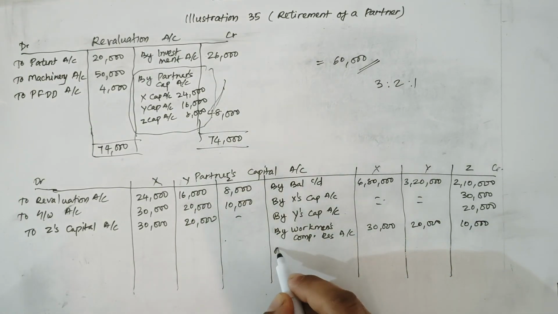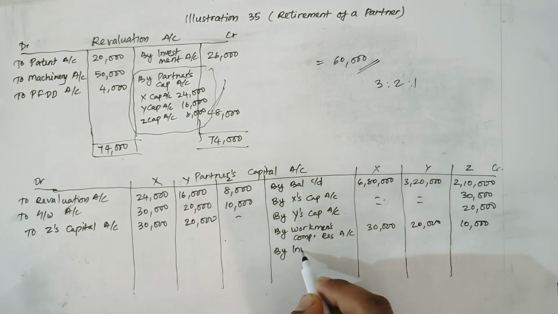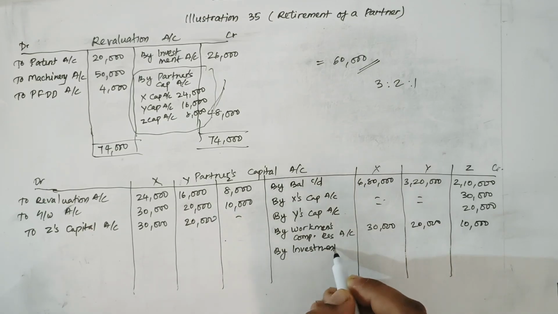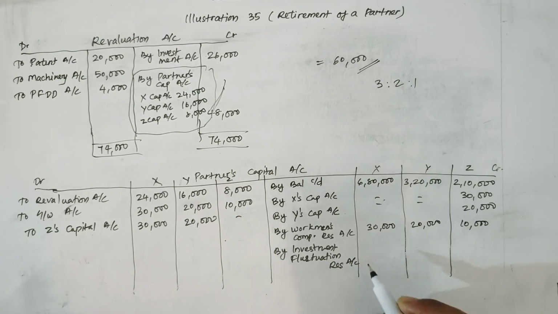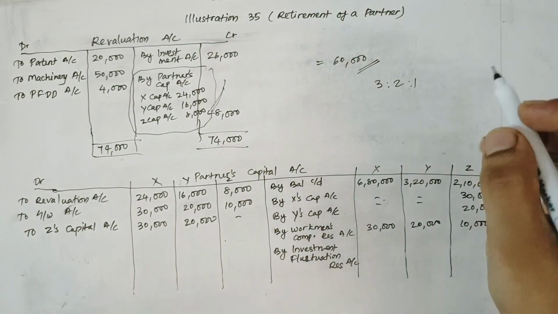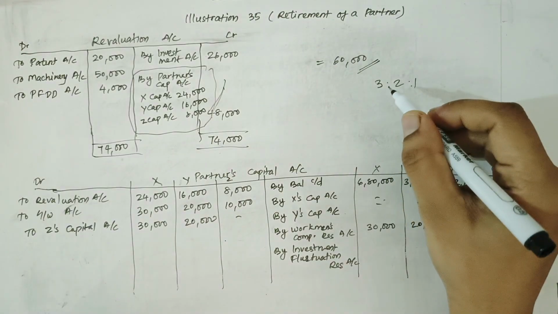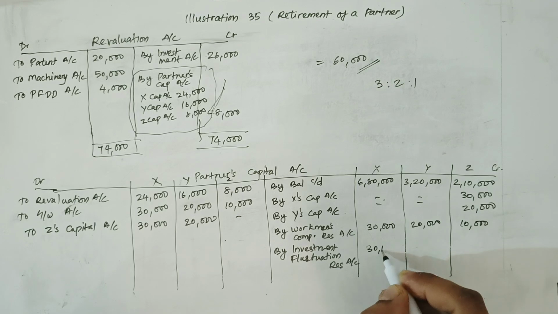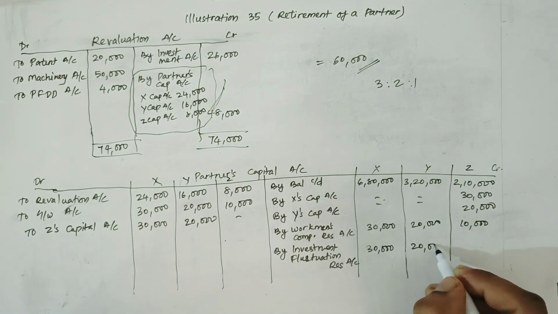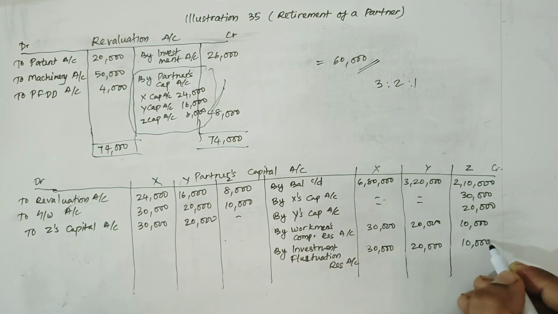So on the credit side of partners capital account to investment fluctuation reserve account, 60,000 is distributed in the ratio of 3 is to 2 is to 1, which is 30,000, 20,000 and 10,000.